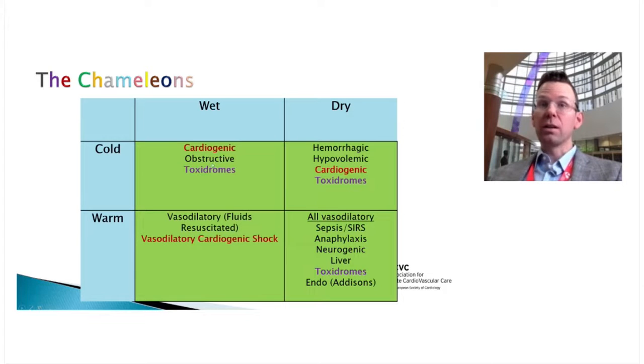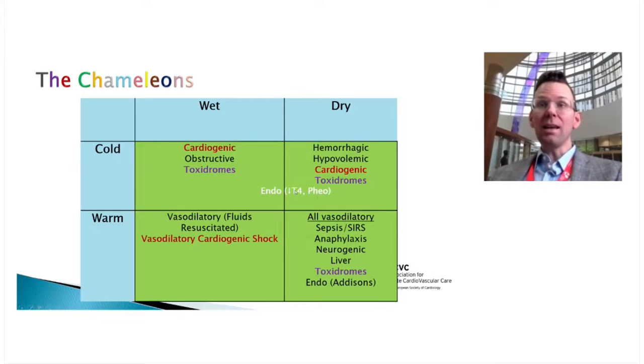For instance, wet and cold, for a cardiovascular audience, a beta blocker overdose. Cold and dry, if you've seen a Lasix overdose, very difficult to manage, but they can present cold and dry. And warm and dry, a calcium channel blocker overdose like amlodipine can very much present this way.